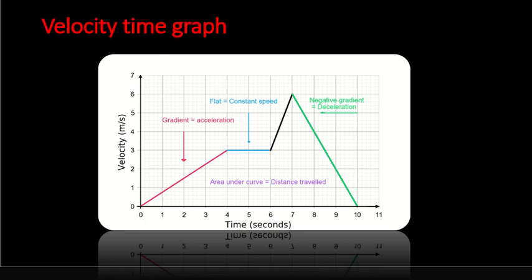And then the flat blue line shows constant velocity or constant speed, as the velocity in meters per second doesn't increase at any point, but the time continues to go from 2 seconds there.